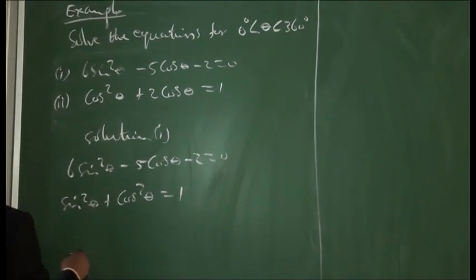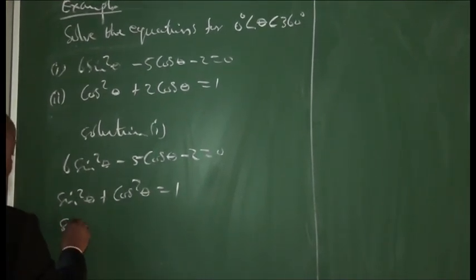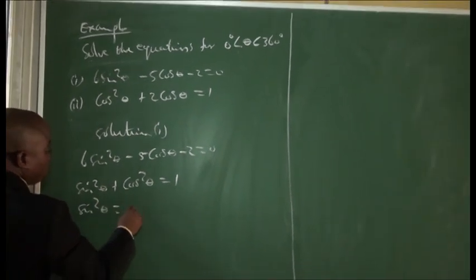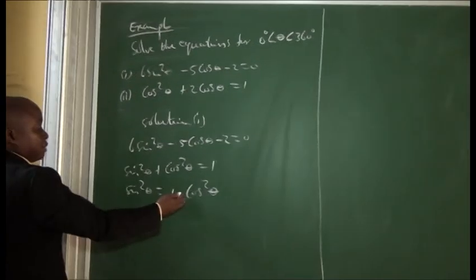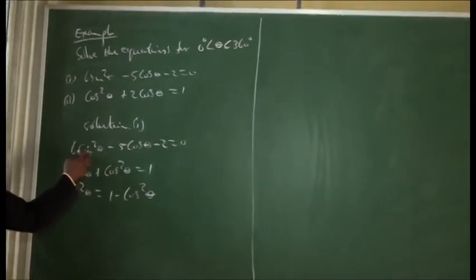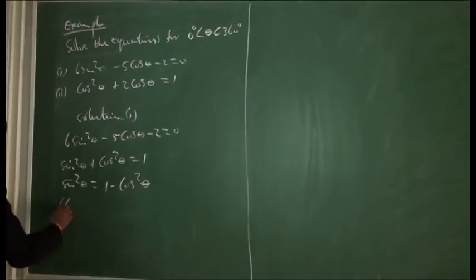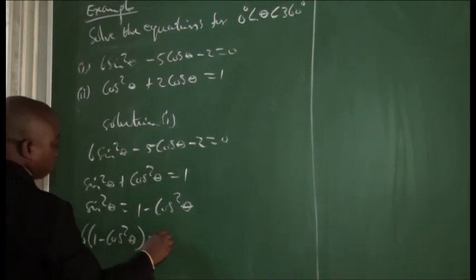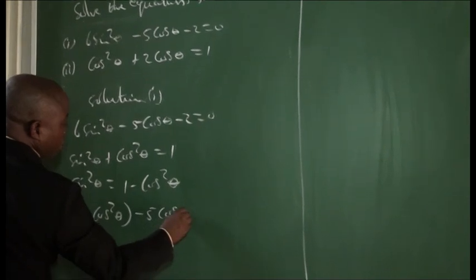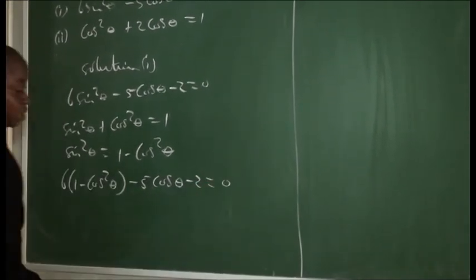Meaning that sine square theta will be equal to 1 minus cos square theta. Now I'm going to replace that in the place of sine square. So we'll have 6 times (1 minus cos square theta) minus 5 cos theta minus 2 equals 0.